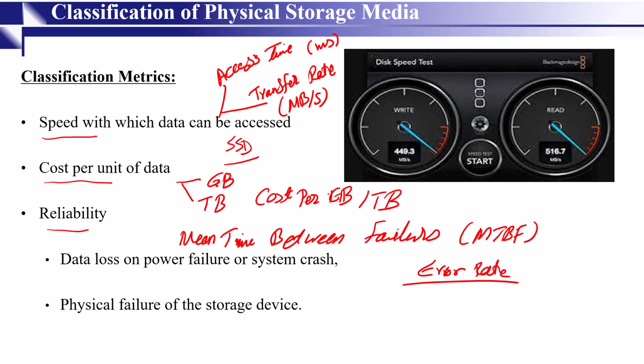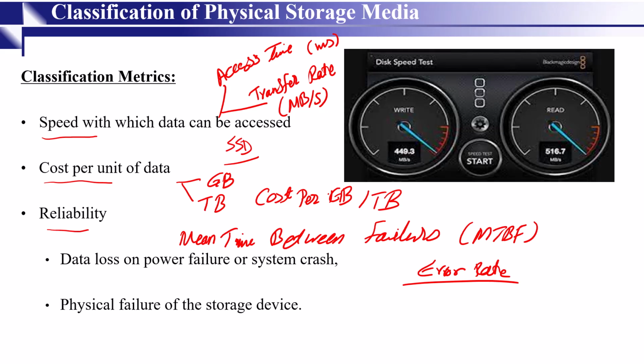And also we have data loss on power failure or system crash. Some storage devices are more prone to data loss in the event of an unexpected power loss or system crash. For example, volatile memory like RAM loses data when power is lost, while non-volatile memory like SSD and HDD retain data. So the key metrics that we use here are data retention time and cache protection.